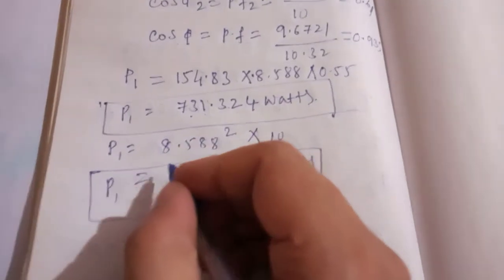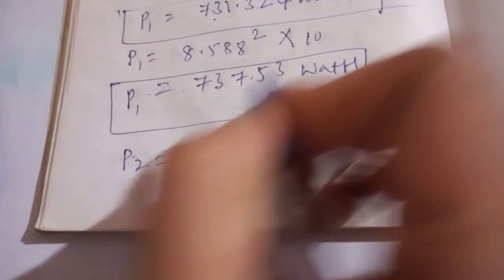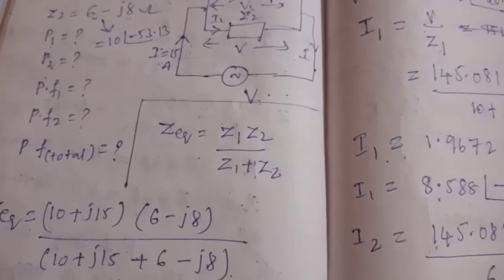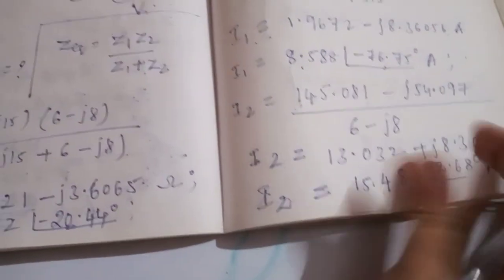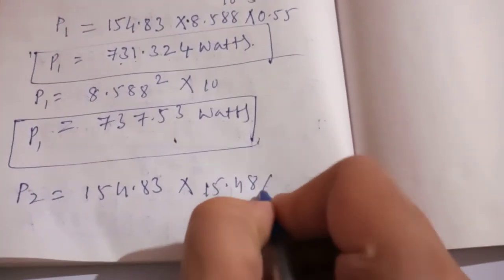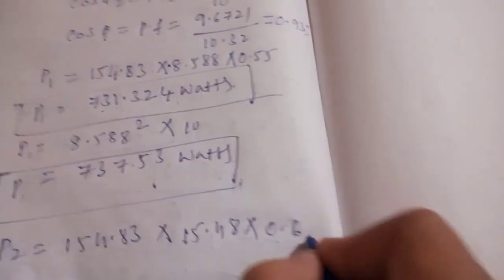You have to calculate P2. What is the P2 value? P2 is equal to V into I2 into cos phi 2. What is the value of V? V is equal to 154.83, into I2 magnitude, which is 15.48, into cos phi 2, which is 0.6.